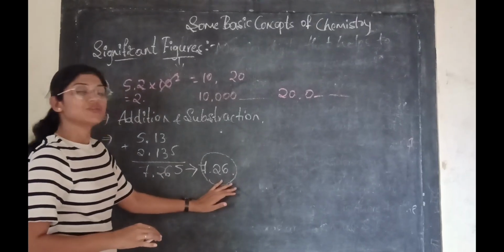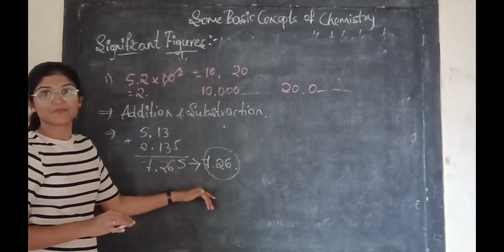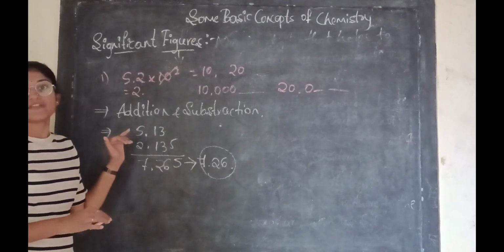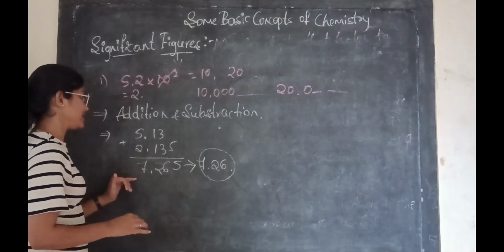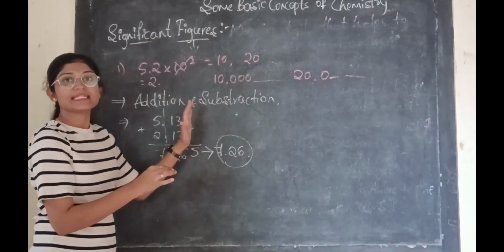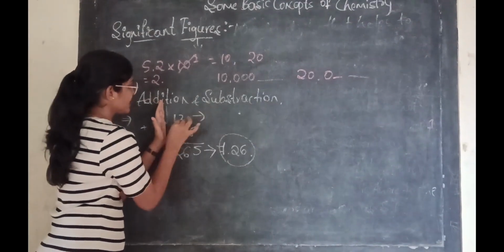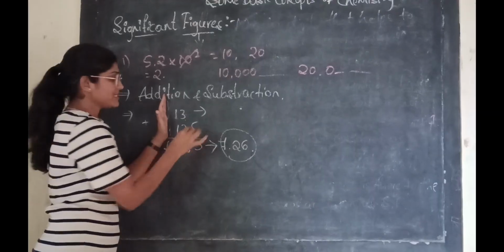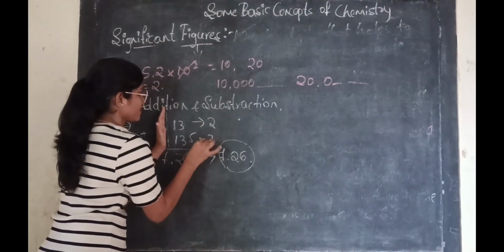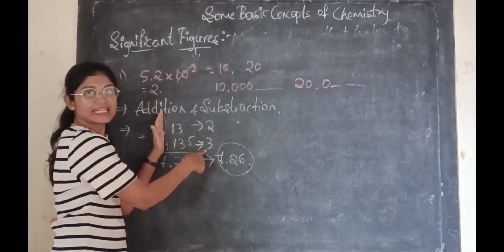What is the reason to write 7.26? Why not 7.265? While deciding significant figures in addition and subtraction, we should see how many significant figures there are after the decimal. 5.13 has 2 digits after the decimal and 2.135 has 3.